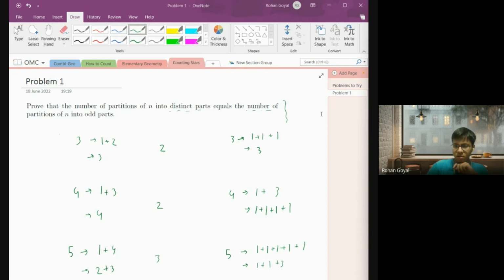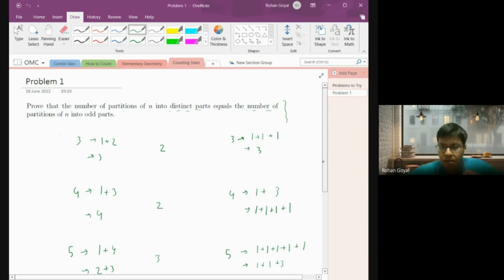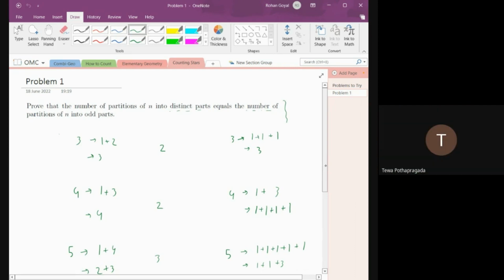Right. So Theo, do you want to present your idea? Well, I tried doing the Ferrers diagrams to try creating a bijection between distinct parts and odd parts.